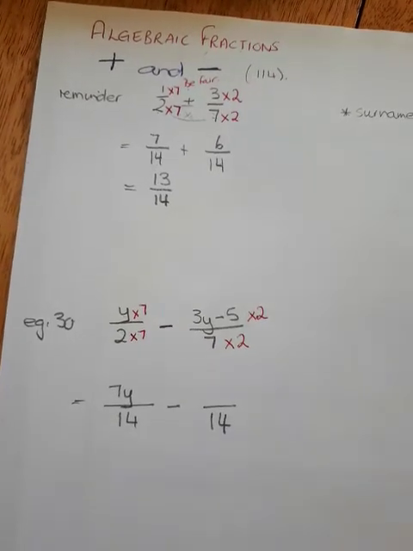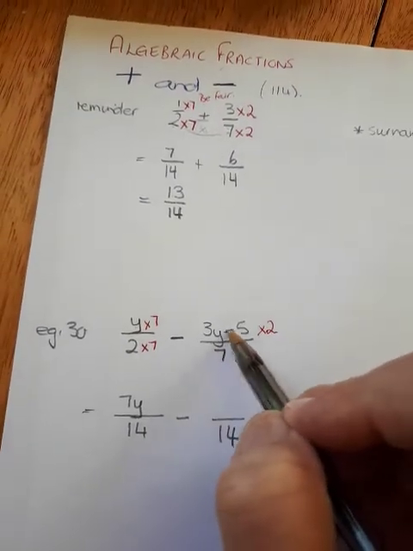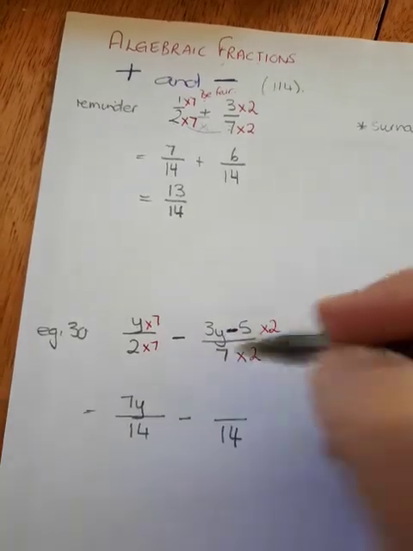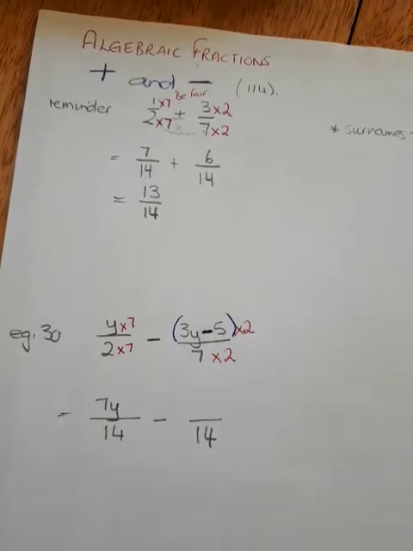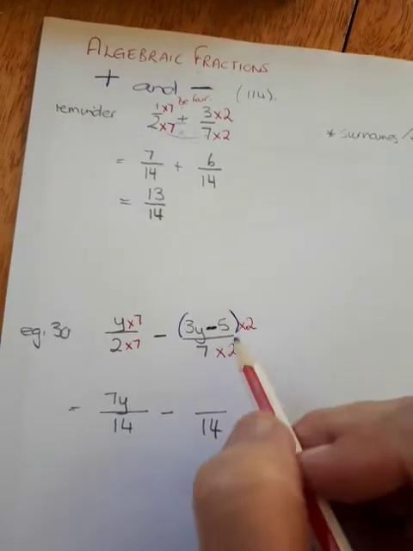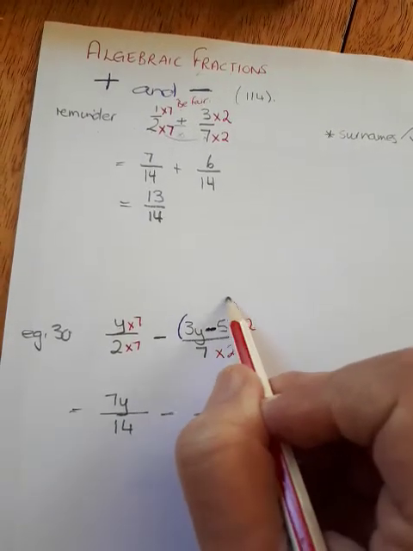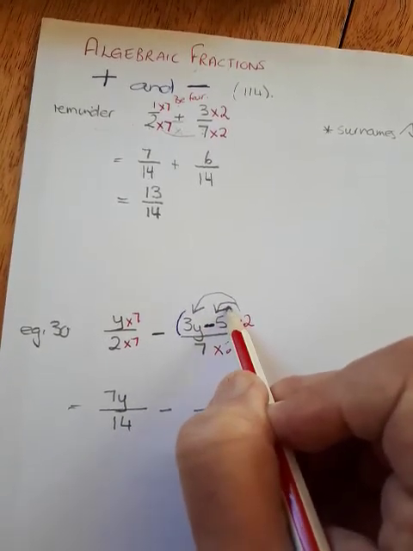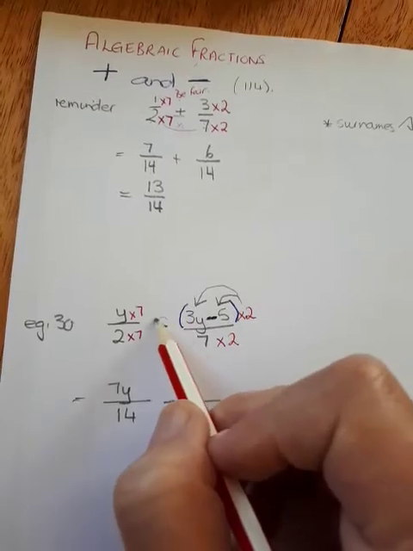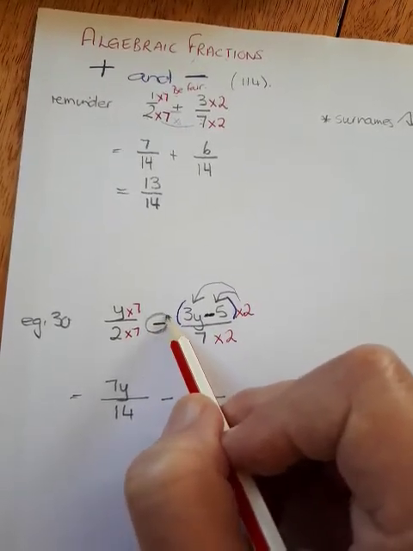But now, very, very important, because there is a minus in my numerator, I must put brackets around it. Which means now I must multiply the factor outside the bracket with each term inside the bracket. And be careful, there is a minus in front.